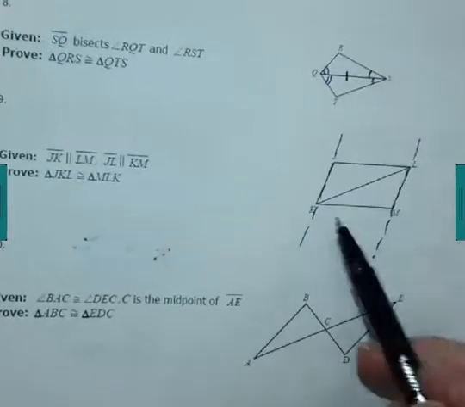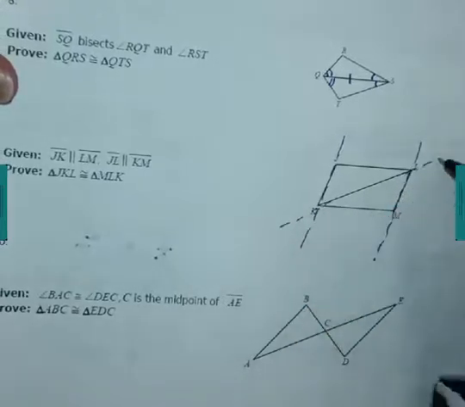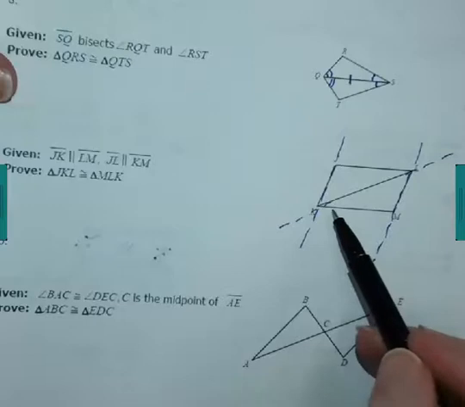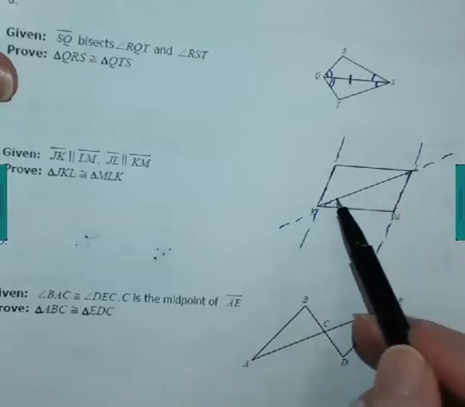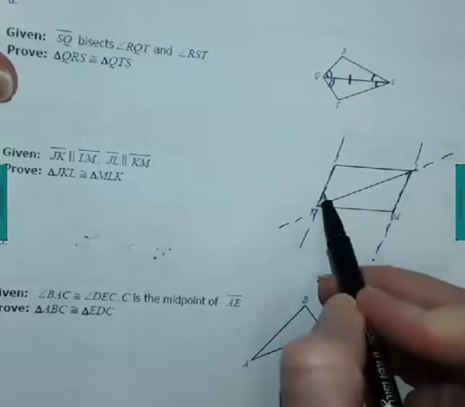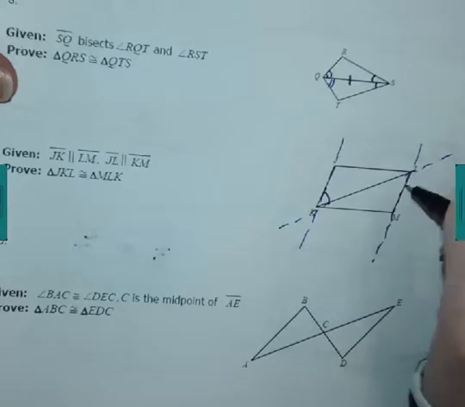Now if we have parallel lines, it looks like we also have a transversal. And a real key here is we are going to find alternate interior angles, but we need to be really careful that we choose the angle that goes from a parallel line to a transversal, and a parallel line to a transversal.